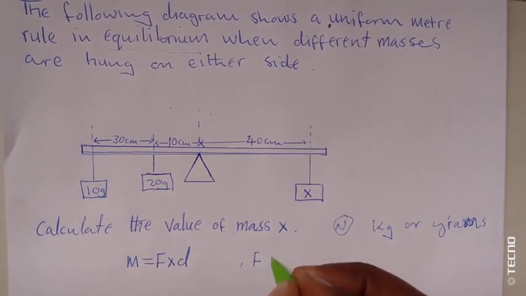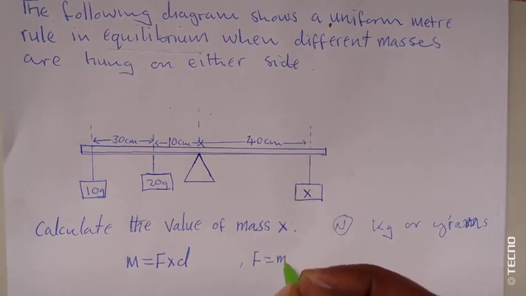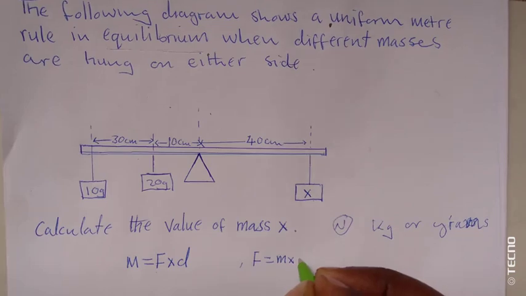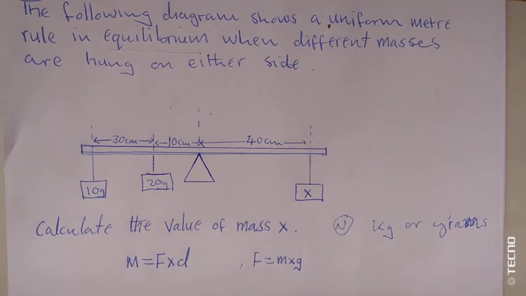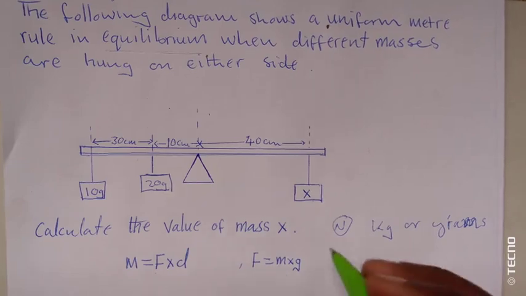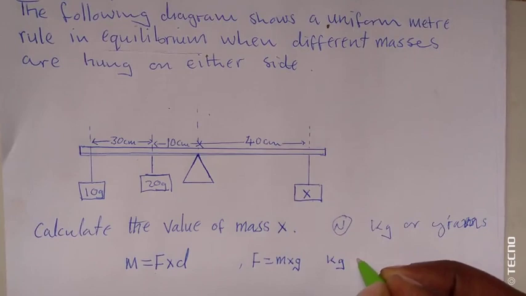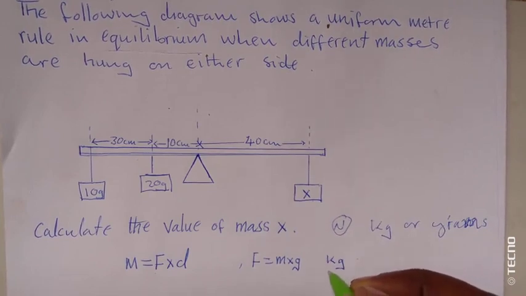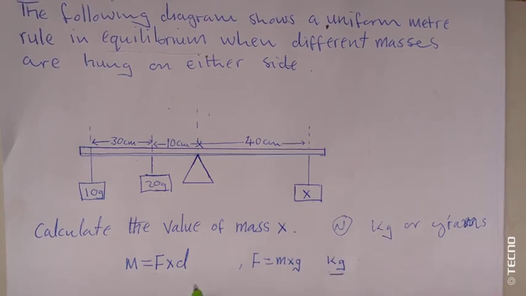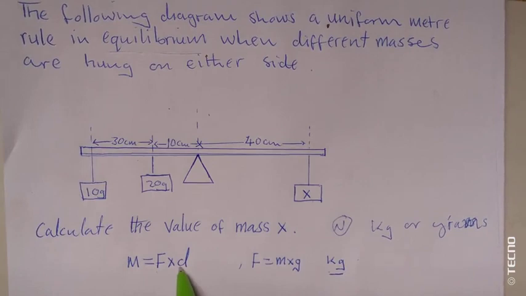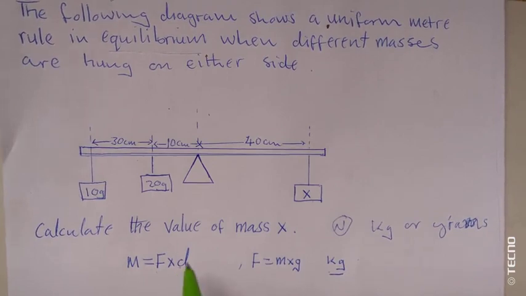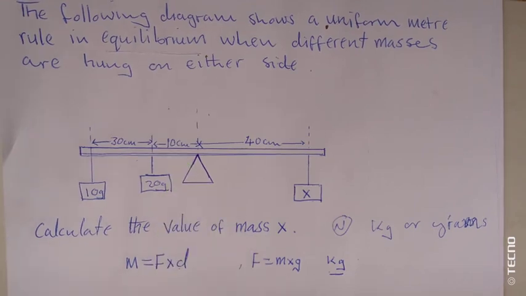The formula for force is force equal to mass times acceleration due to gravity, so there we can put A or G. This mass should be in kg, not in grams, so whenever you are given mass in grams, convert it to kg. And this distance should be in meters, not in centimeters.